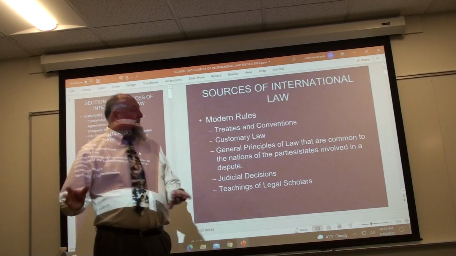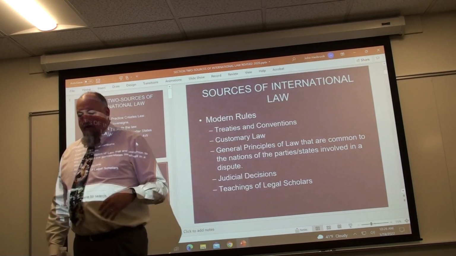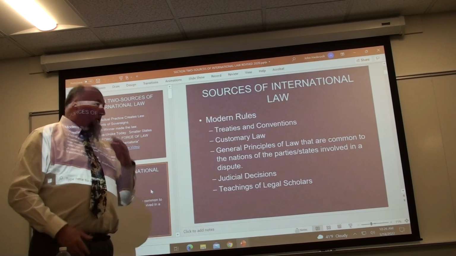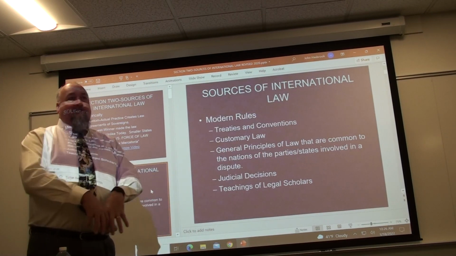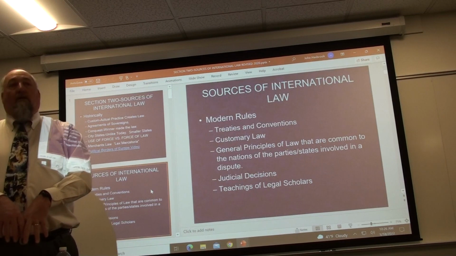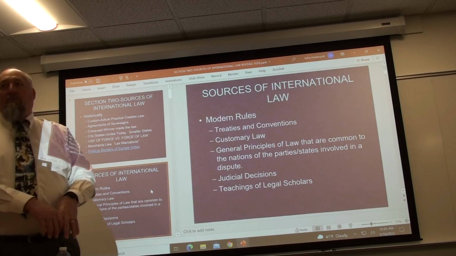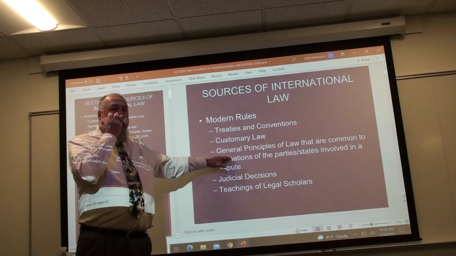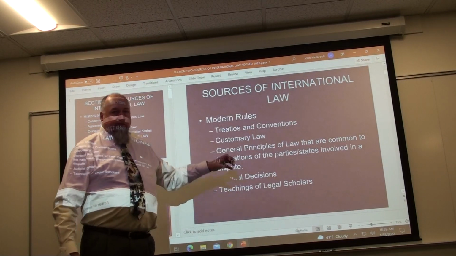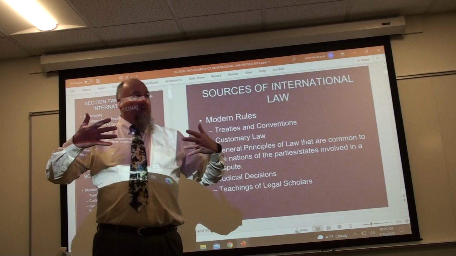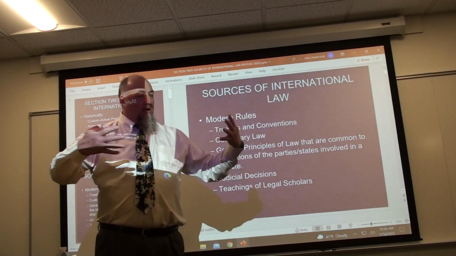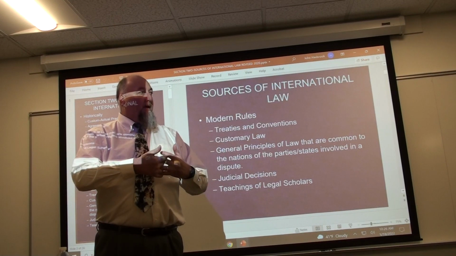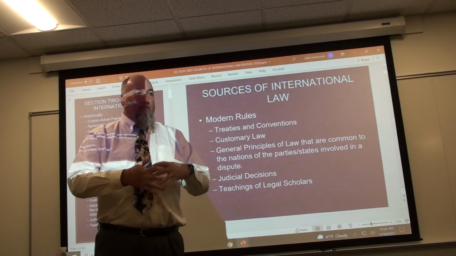So if I'm a country saying, all right, I seized sailors from the ship, I'm not going to give them a jury trial, but domestically we have that law in our country, that kind of violates our own general principle of law. So basically the courts are going to look to see, are there rules in domestic law that they share, and if so, then those will be applied by a judge internationally.